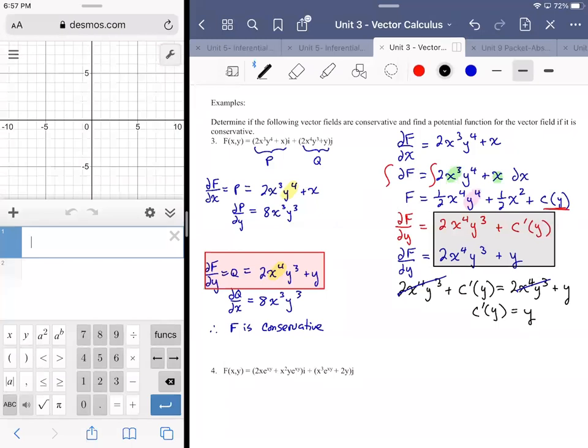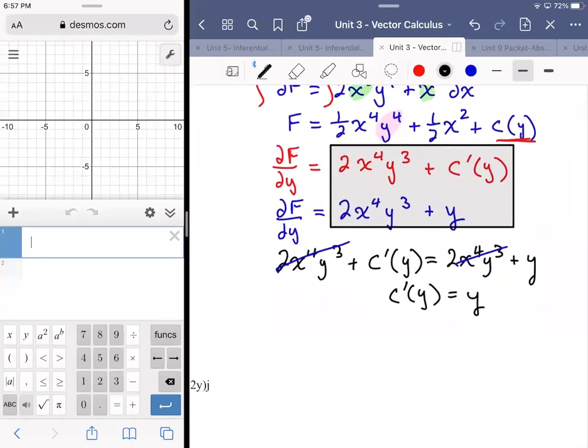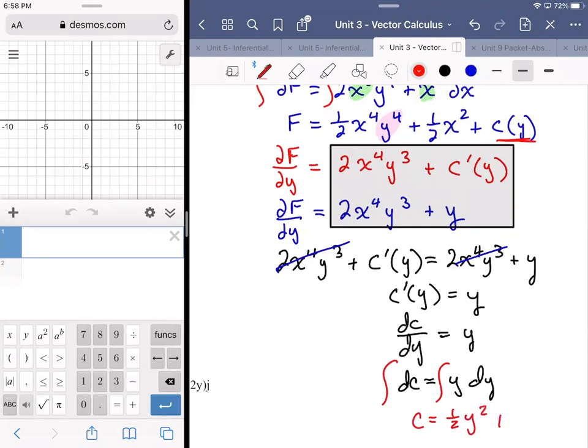So I can anti-differentiate this. I'm going to put it in differential form first, because c prime of y is the same as saying dc dy. It's a function of one variable, so we can use d's instead of partials. That's the same as saying dc is equal to y dy, which makes c equal to 1/2 y squared.